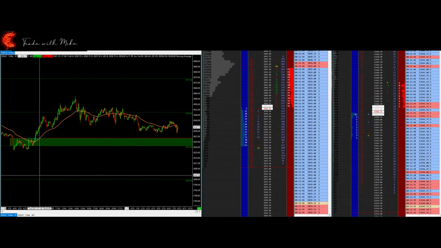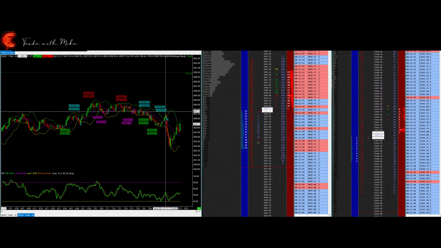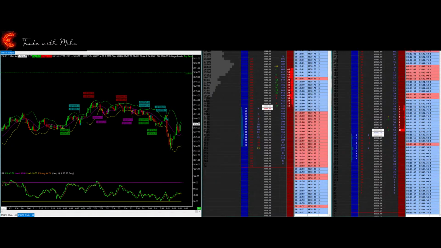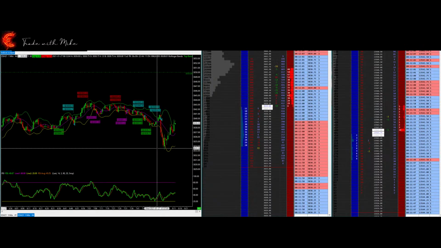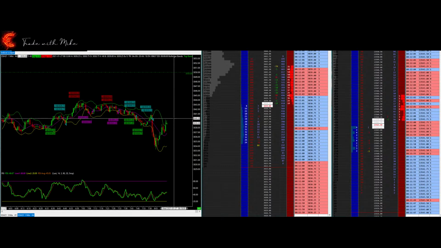If it happens, I don't know, but I'll be trying to go short again, but not yet. See, there's still more space, so it could go somewhere even here. We'll see.